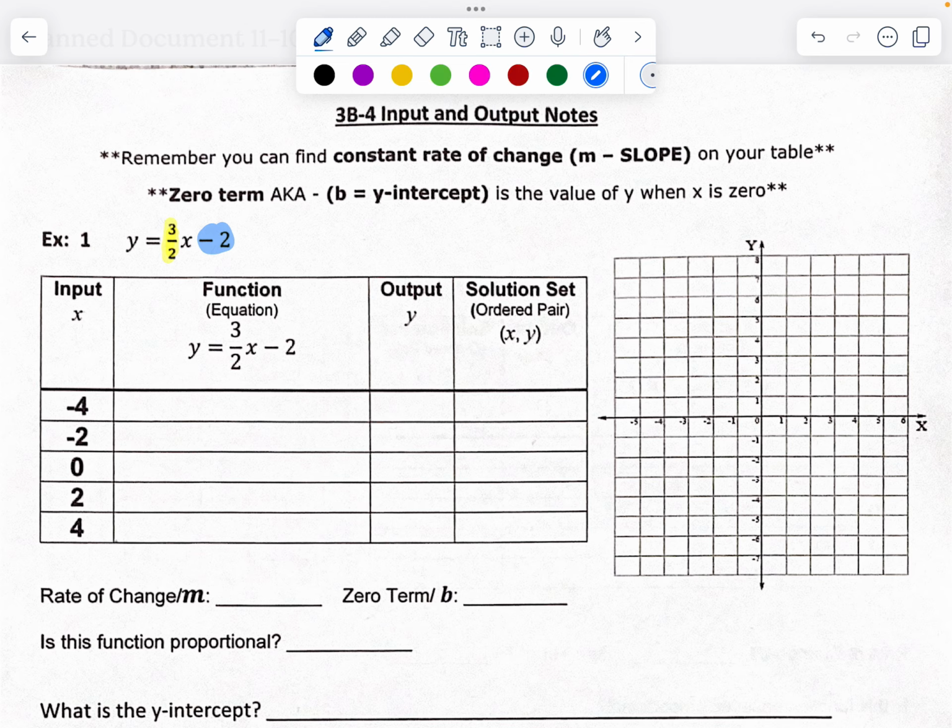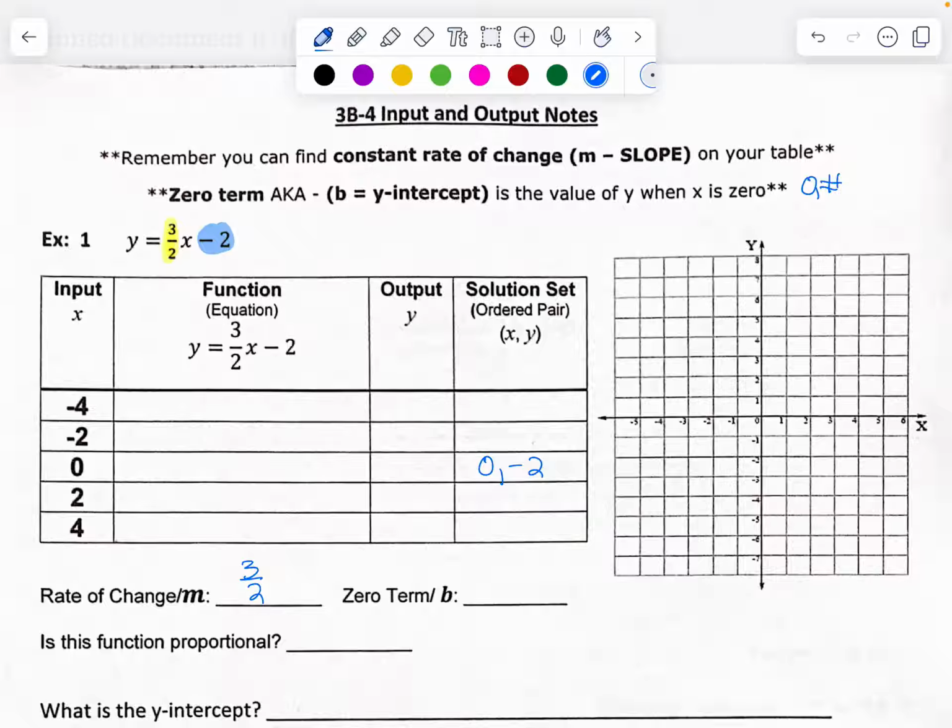I'll remember that my 0 or y-intercept term is 0 and a number. So the nice thing is I know that 0, -2 is my y-intercept. My rate of change, or m, is my slope. So I know from here it's 3/2.